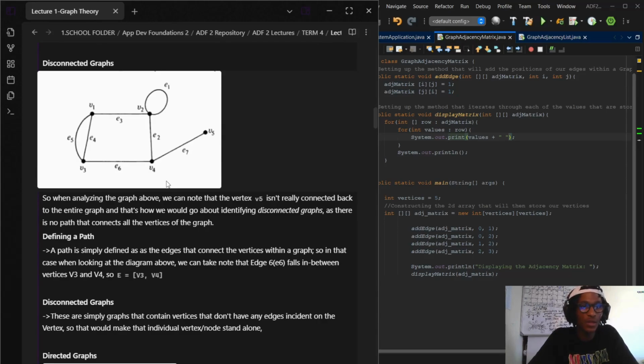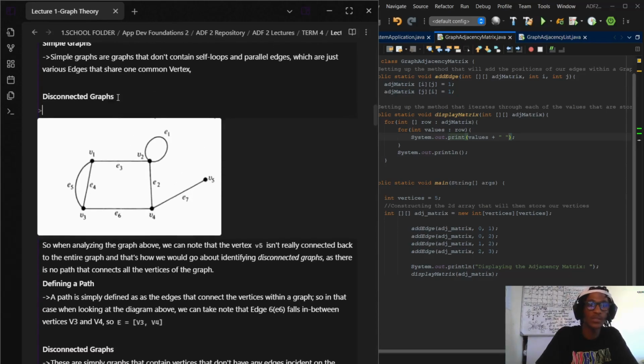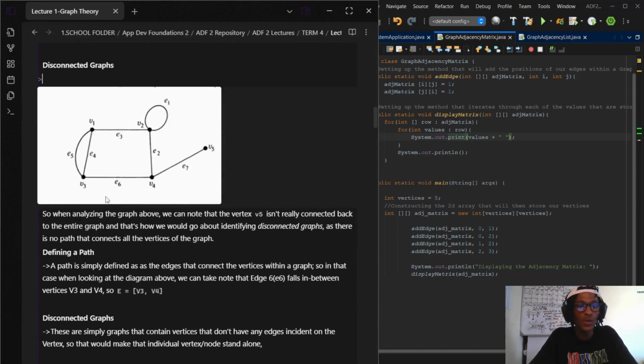Disconnected graphs, I didn't define it here, but disconnected graphs are practically graphs that will have a vertex that is not connected to the rest of the graph. So when analyzing the graph above, vertex 5, which is right here, isn't really connected back to the entire graph, and that's how we would go about identifying disconnected graphs, as there's no path that connects all the vertices of the graph.